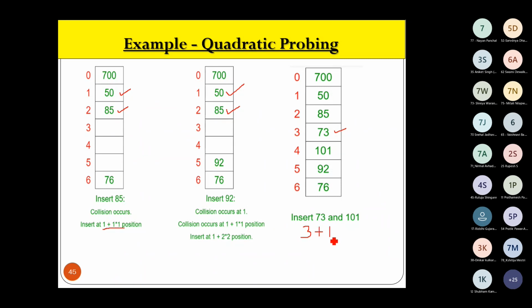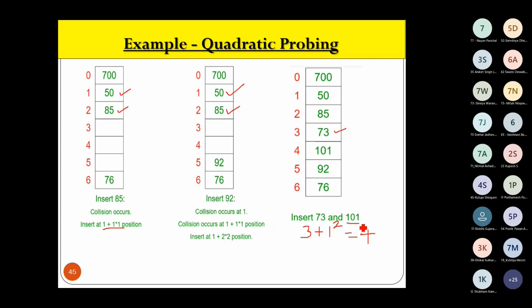What will be the initial value of i? 1. So 3 plus 1 square is 4, and we check whether location 4 is empty. Yes, it was empty, and hence at that location we have placed the element 101.